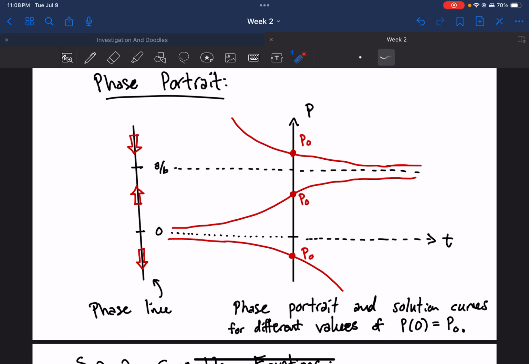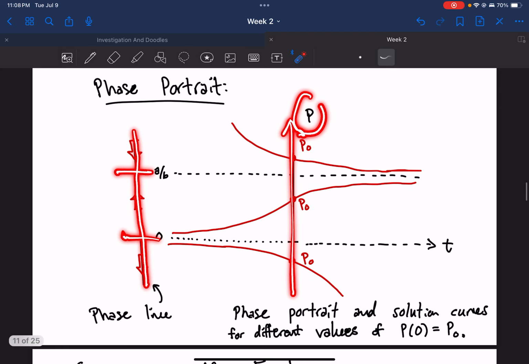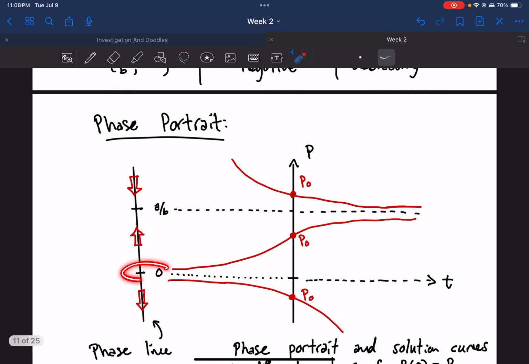What I usually do is start out by drawing this phase line, and then on the phase line, I add in my critical points. There was one critical point at p equals 0, and another at a over b.